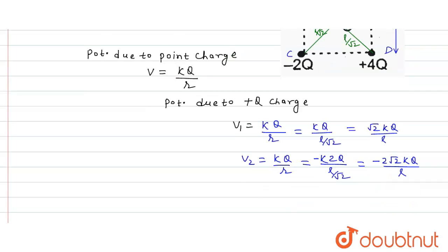Okay, now similarly V3 will be KQ upon R, which is K into Q value 4Q upon R, where R is L upon root 2.